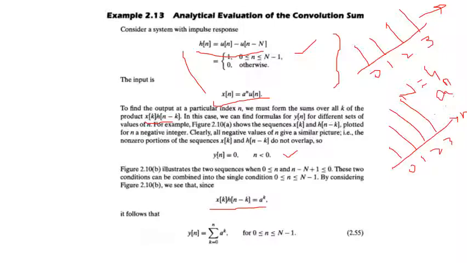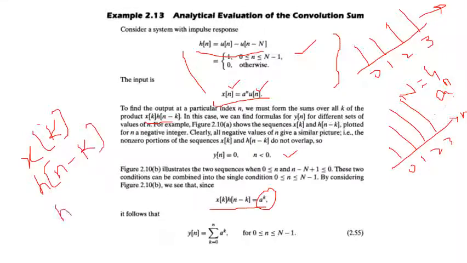So if I write x of k, so the multiplication of two sequences will be a raised power k, because we are replacing this independent variable n with k. So we have to obtain x of k first of all, and then we have to obtain h of n minus k. So h of n is basically 1, and this is a raised power n u of n.